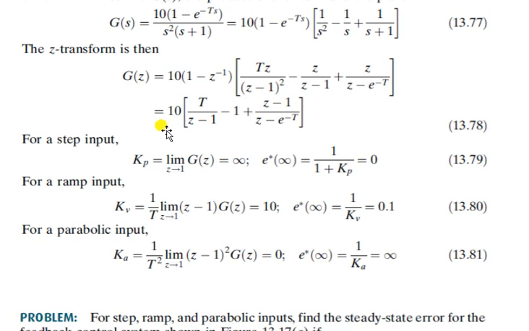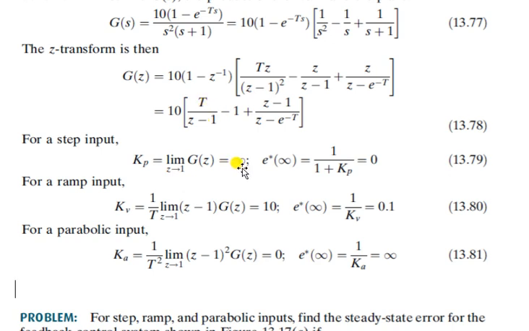By using this G(z), first we will find Kp by using the formula limit z tends to 1 G(z). By putting the value of z equal to 1 into this, you will get infinite, because z is 1, 1 minus 1 will be 0, so something upon 0 will be infinite.